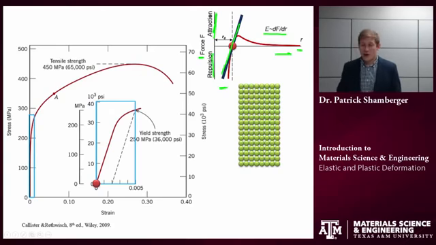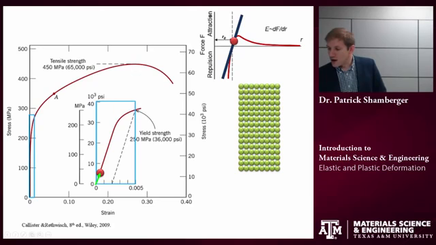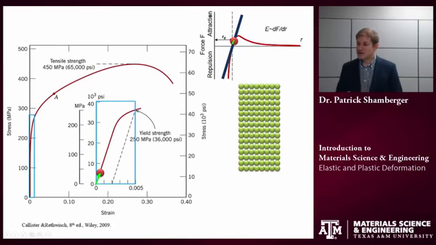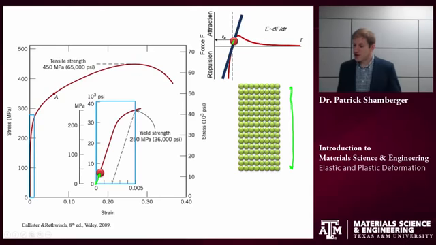Okay, what's going on at the atomic scale? As I start loading the sample, increasing the stress, I'm going to be displacing it from that equilibrium distance. And I'm going to start exerting some attractive force between those atoms. And so you'll see on my representative material over here that those atoms have all stretched a little bit.